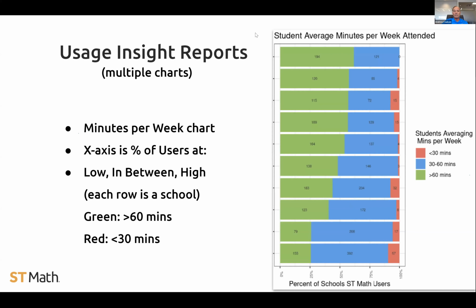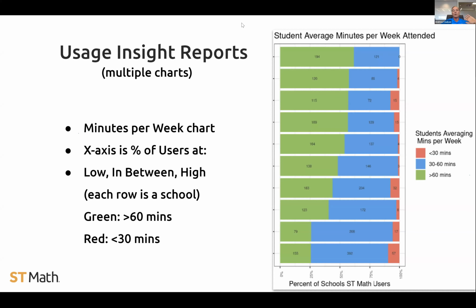This is a pretty high performing school district. Each row is a school here, and the x-axis is what percent of the users in that school fell into the green or the blue or the red, year to date.